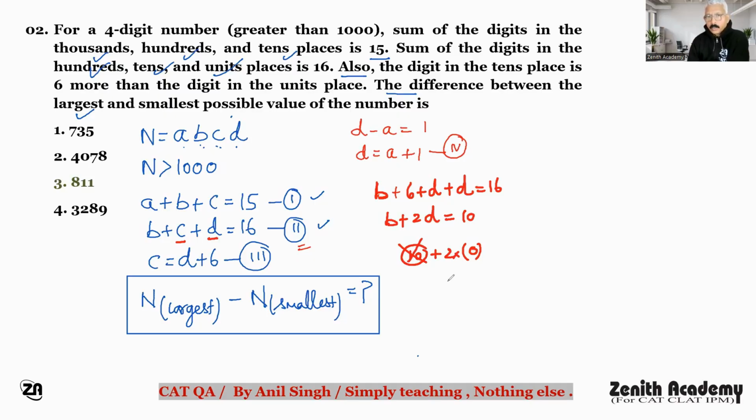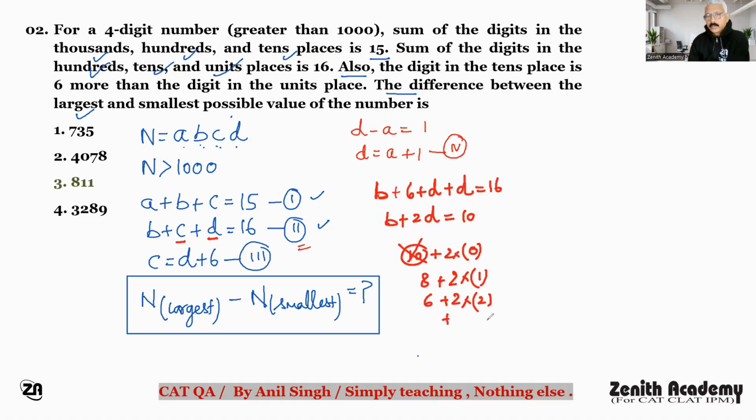Okay. Now take 1. If I take D is equal to 1, then 2 times 1 is 2, so B is going to be 8. And if I take 2, then 2 times 2 is 4, so it should be 6.